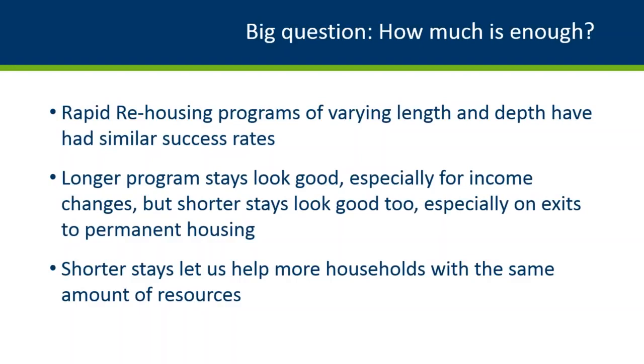When we do shorter program stays, it lets us help more households with the same resources. But we still want to make sure, as I said, that we're helping people to be successful. So we're not just arbitrarily saying, this is a 3-month program because that's going to be better and we're going to serve more people. We're saying this is going to be a program of indeterminate length with the intention of being as short as possible in order to allow people to stabilize in their housing and be successful.